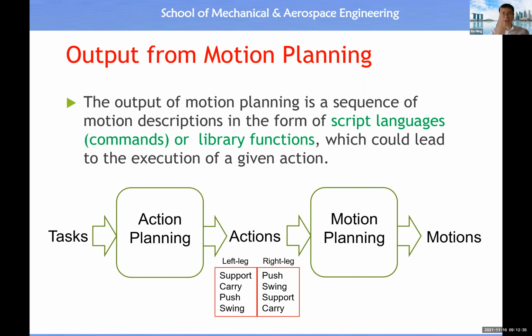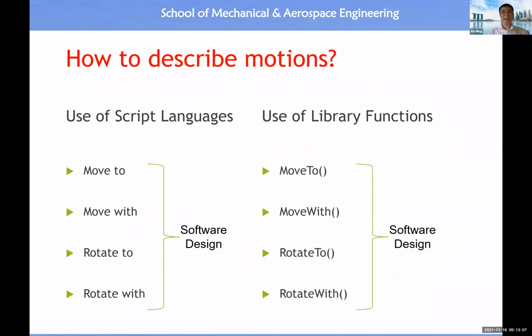So this is the boundary which separates conventional robot and intelligent robot. So our research is to make robot able to handle, for example, action description, task description, etc. So this will be the output from motion planning, and then how to describe.